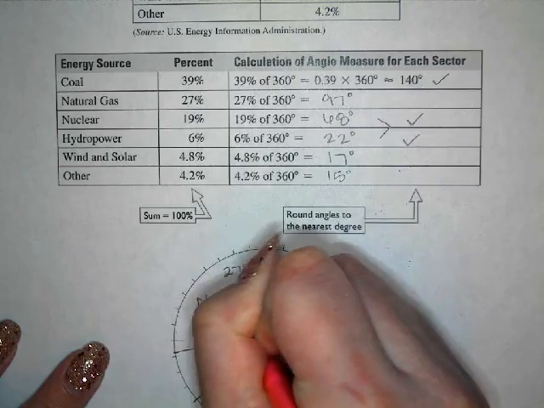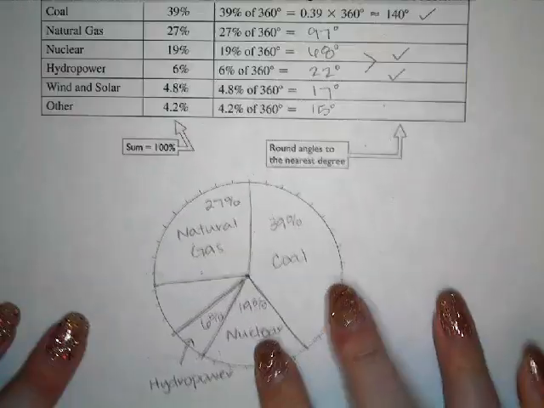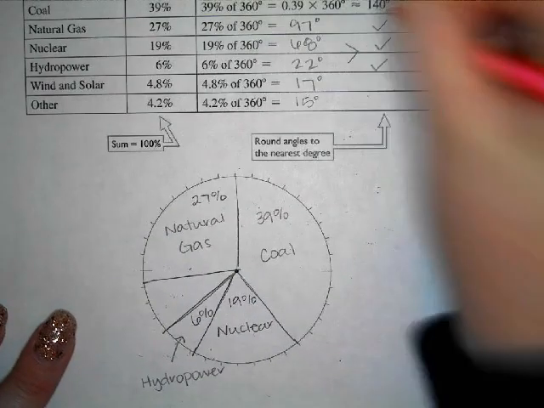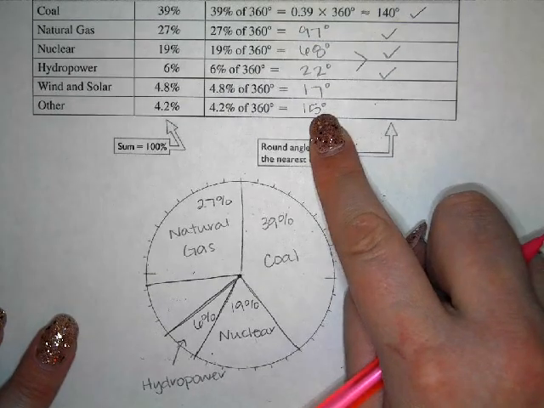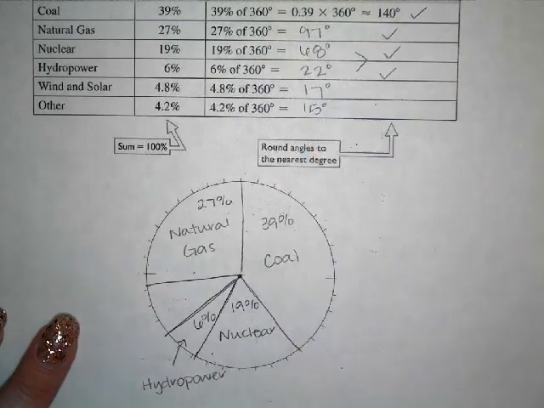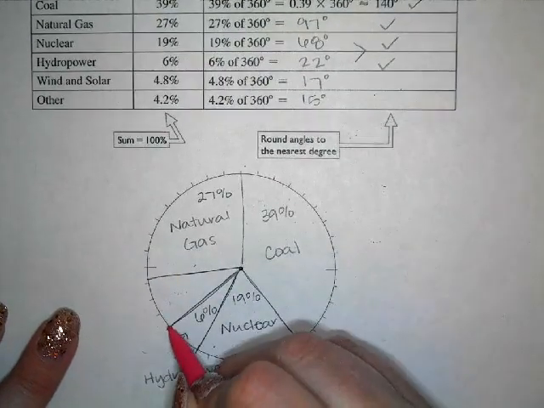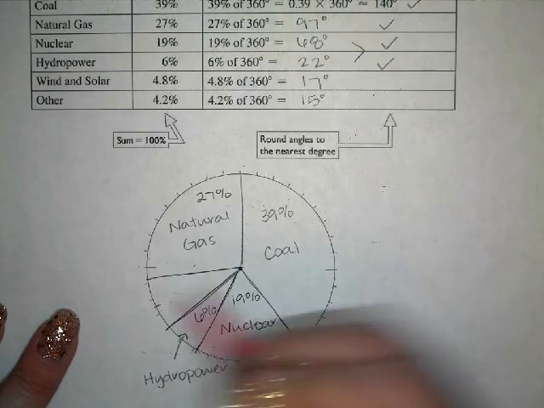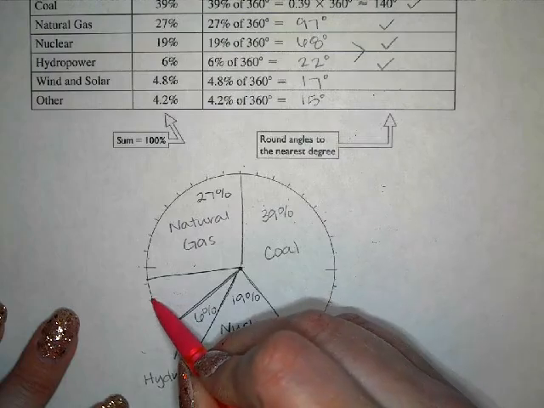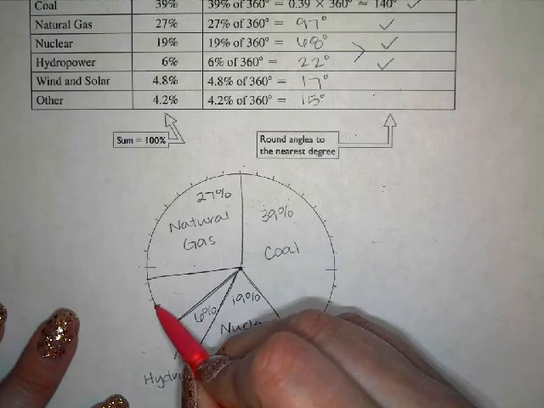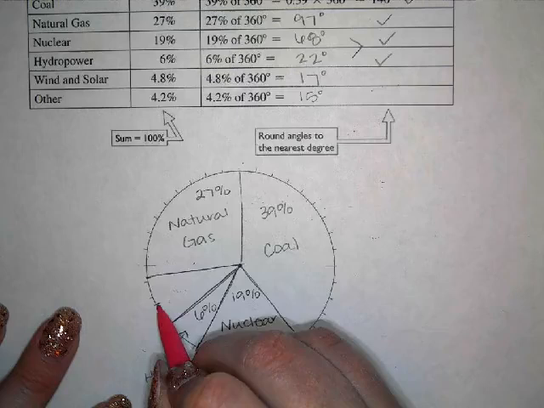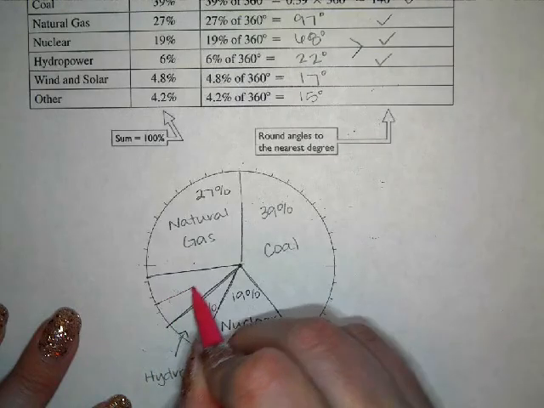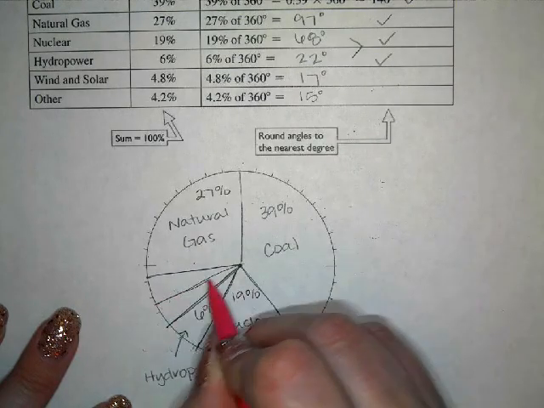So 15 degrees is going to be 10 and then half of a space. And then 17 is going to be 10, this 5, and this little bit extra. So we got the end bit here. And it's okay if it's not perfect because we did have decimals on all of these that we rounded a bit. So 15, this is 4.2%.